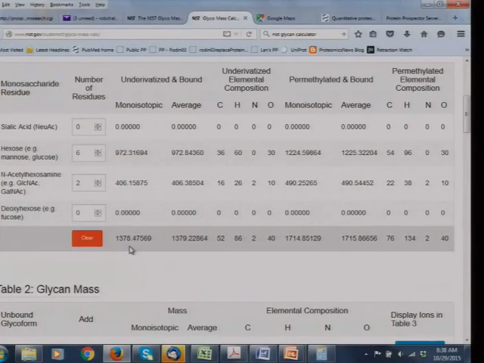I think it should be 1378. I must have lost a decimal place somewhere. So that one is going to be HexNAc 2, Hex 6. So we've got one more mannose on our high mannose structure.